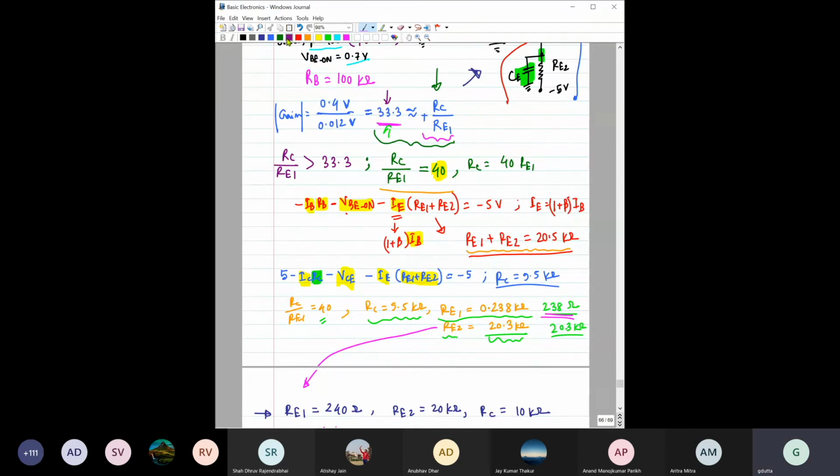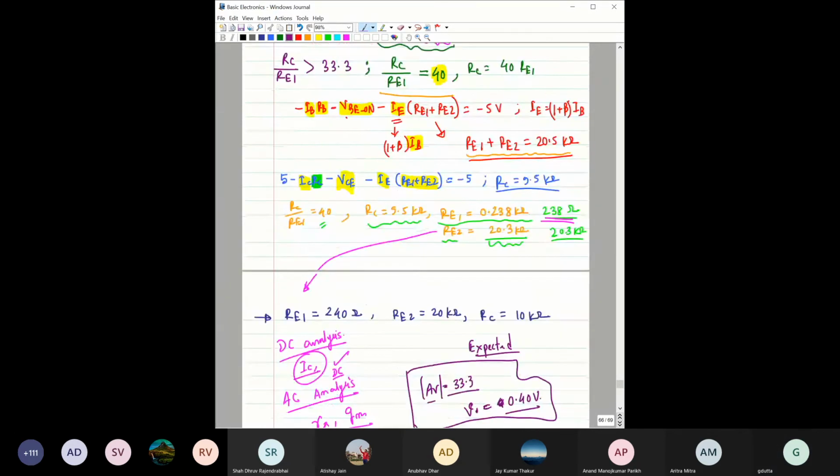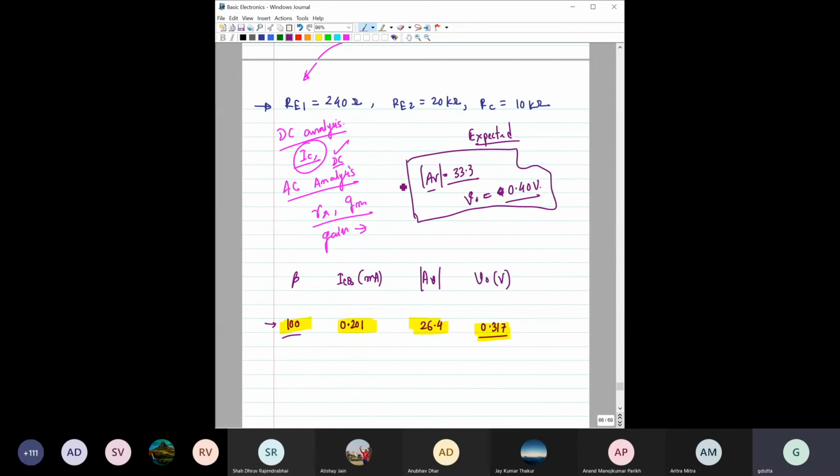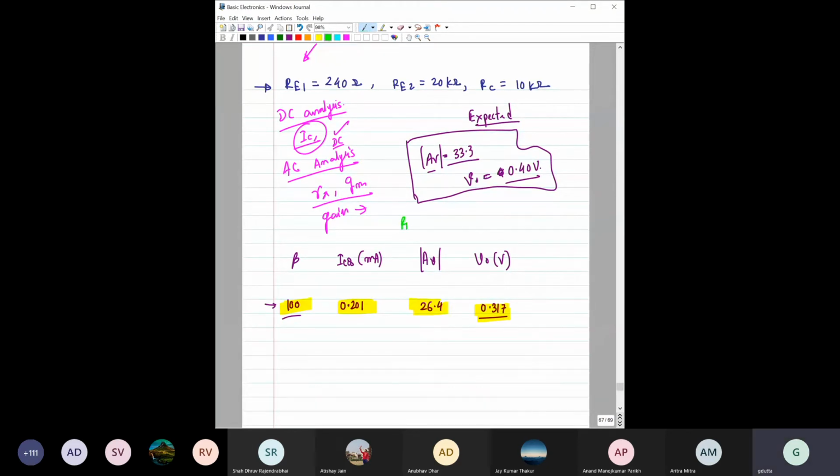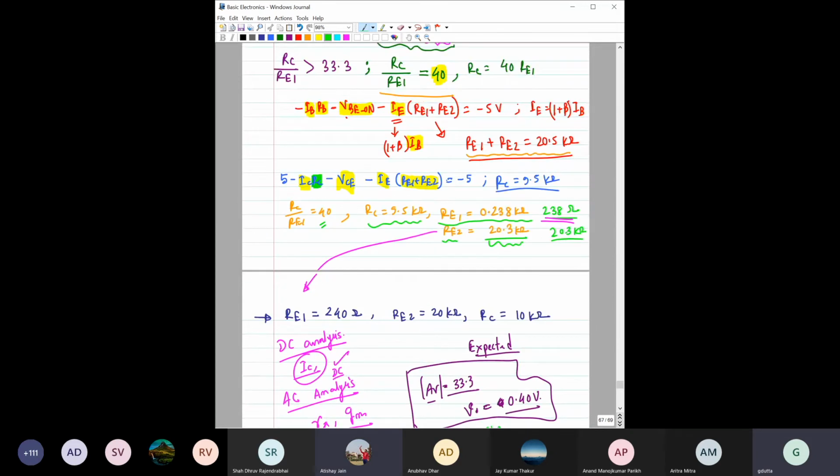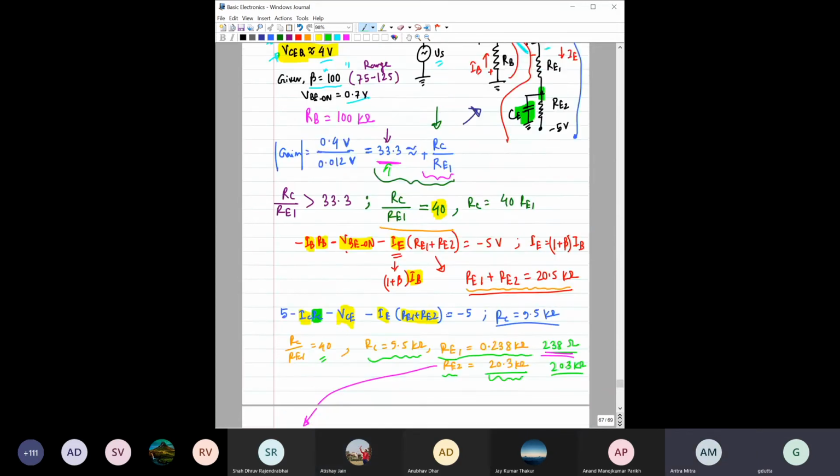Let us check it out. Here, RE basically means RE1 plus RE2, right? So what is the value of RE1 plus RE2? Sir, here we should take only RE1. Why? Good, why? We have to use AC analysis.